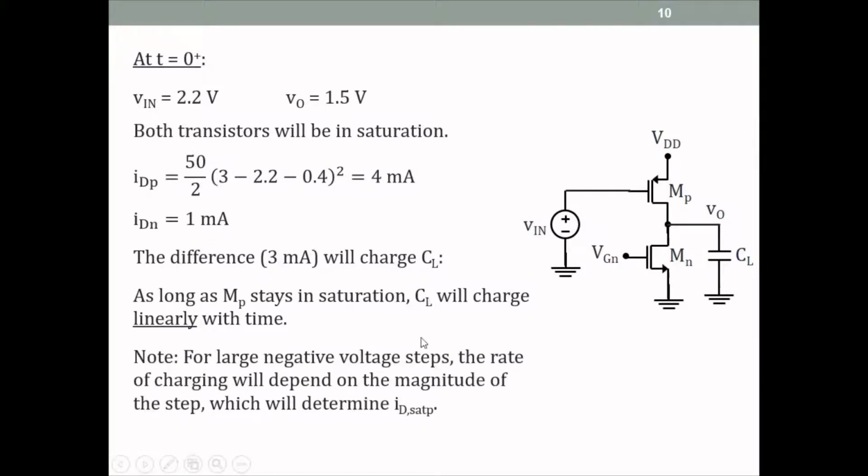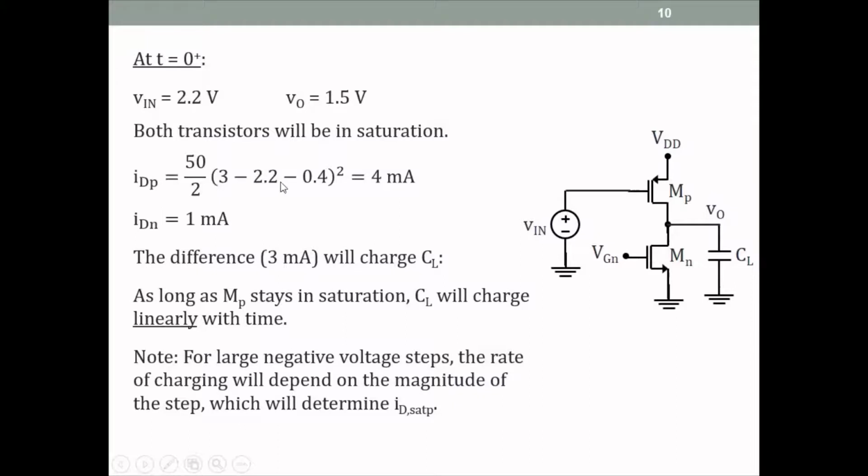One more thing we observe is that when the input step is negative, from 2.4 we made it 2.2, or we could have made it 2.3 or 2.5, depending on the size of the step, so that this voltage is 2.3 or 2.2 or 2.1, the saturation drain current of MP will vary. For us it is 4 milliamps.